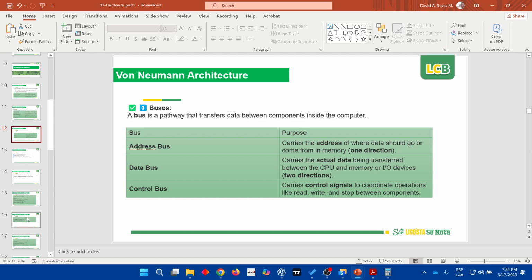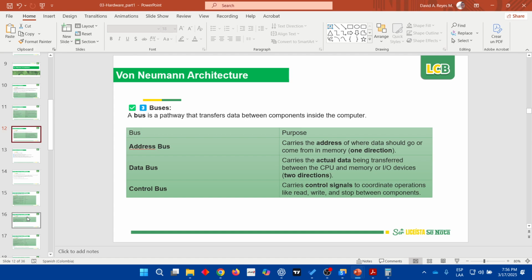So what does that mean? The control bus, okay, is like this one. You are going to take the information that you get in the CCA. So you go to the CCA, then you are going to operate the information 7 times 2, and you are going to take that result to the Agora.